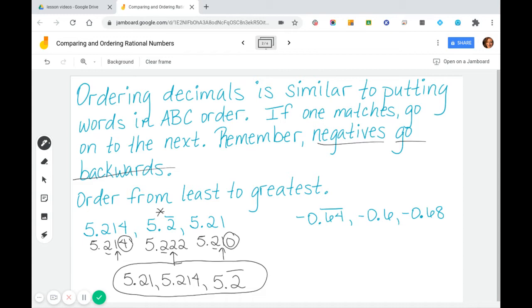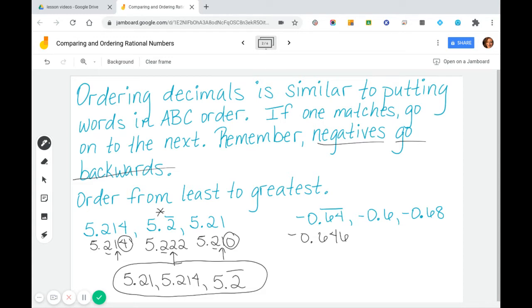I'm going to extend them first. So negative 0 point, it's going to be a whole bunch of 6, 4, 6, 4, 6, 4s. Like I said, I usually start with 3 decimal places, and then if I need to make them bigger, I can. So just for now, I'm going to put 6, 4, 6. And I know if you look ahead at the other numbers, I could have just left it as a 6, 4, and it would have allowed me to compare.